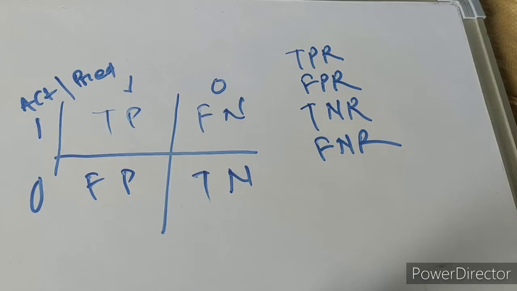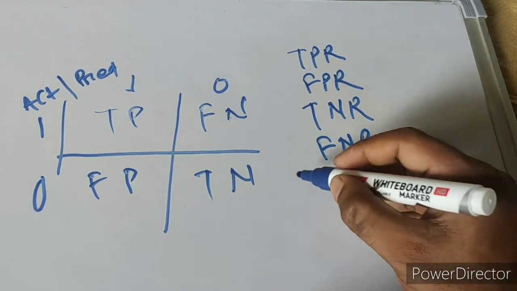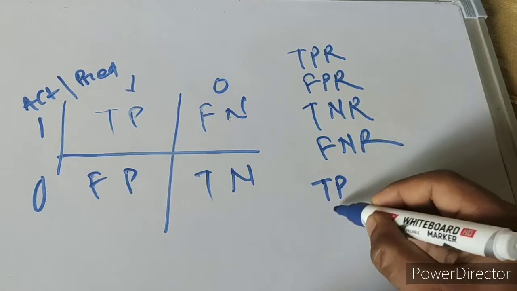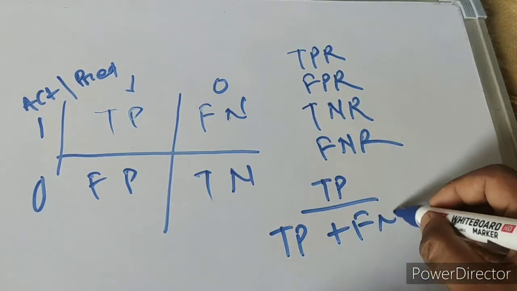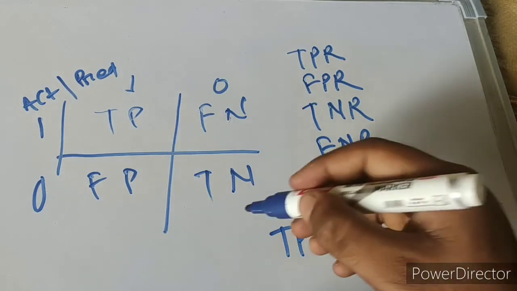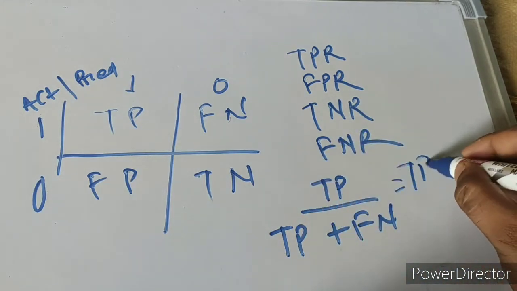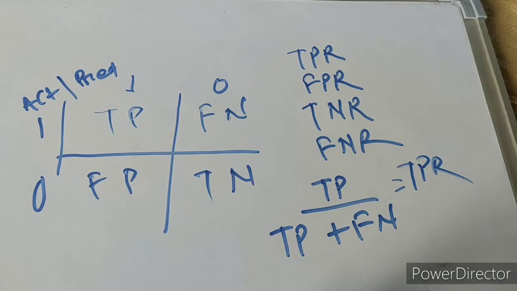True positive rate is true positive divided by true positive plus false negative, that is TP divided by TP plus FN. This is what is called TPR, true positive rate.